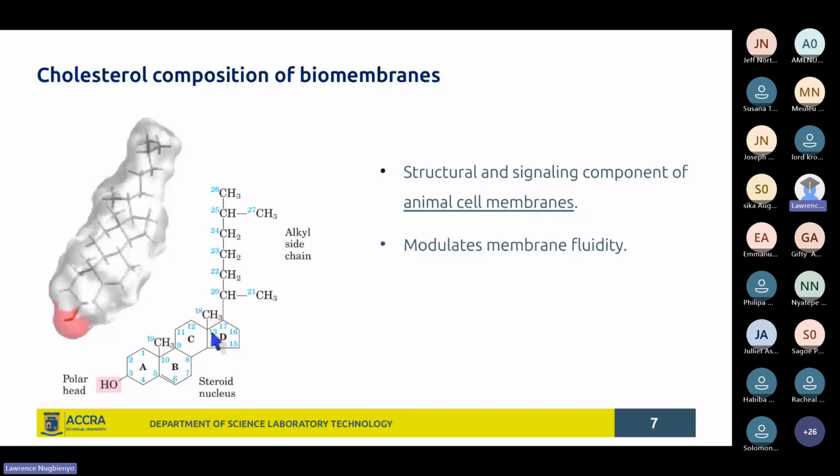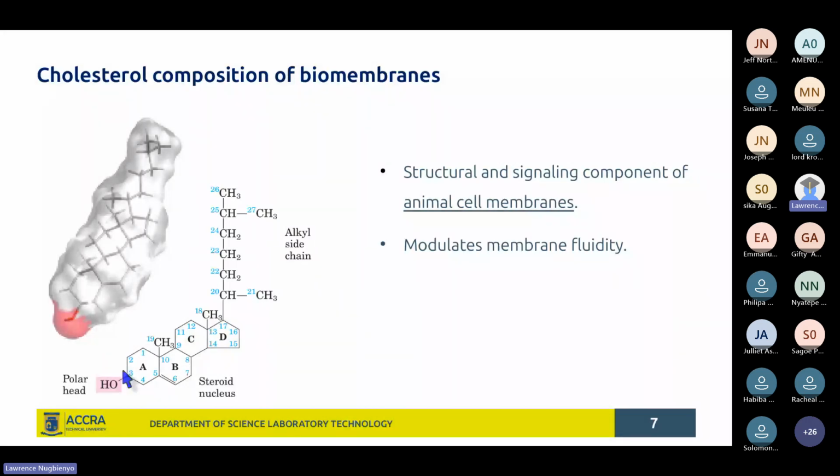But here you see that cholesterol has a ring structure, and even it is 4 rings fused together. That should tell you that this structure is going to be much more rigid to be broken down, which means that the melting point for this will be much higher, compared to any of those fatty acids, by virtue of these rings, because these rings require more energy to be broken down.